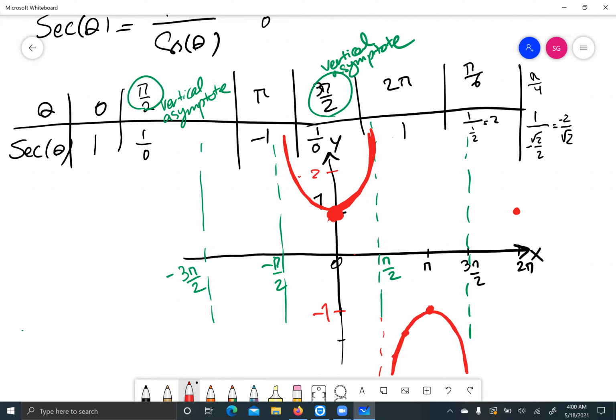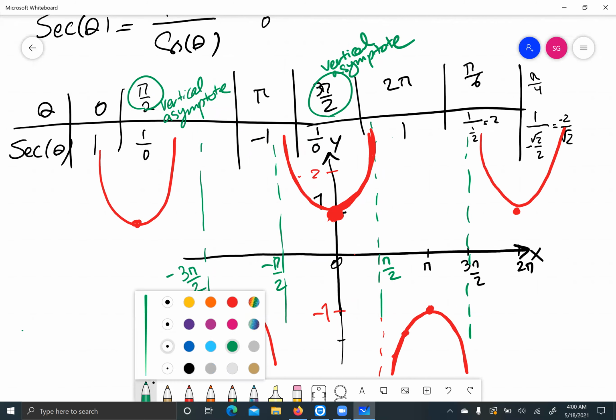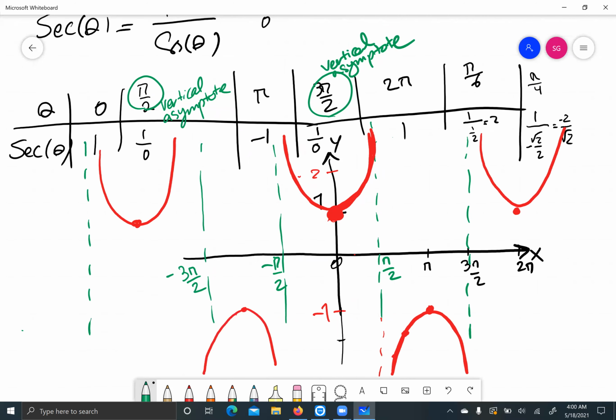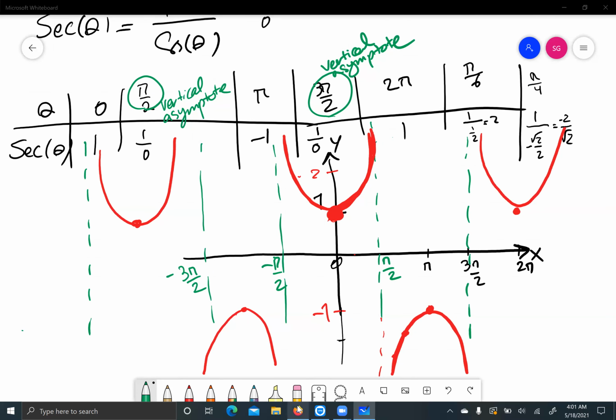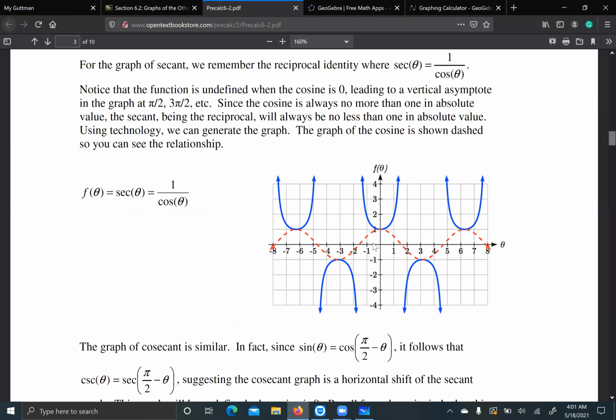So the pattern is that we have a repetition like this. It's like we have copies of this between our vertical asymptotes. If you try more points and then connect them, you can see that the graph of secant is like this. And you have the shape in your textbook as well.